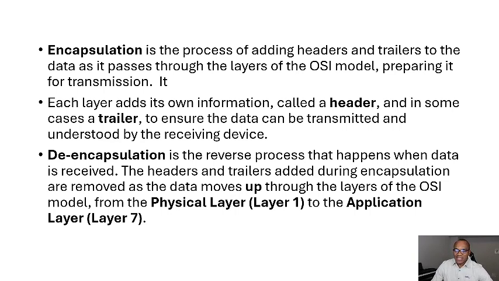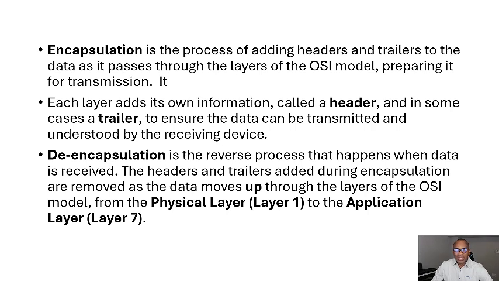The encapsulation process starts from layer 7. If you are sending an email or an HTTP request, it will start from layer 7 and go down to layer 4, where the source and the destination port numbers will be added.